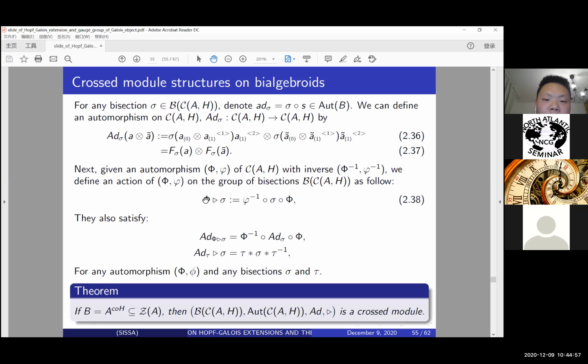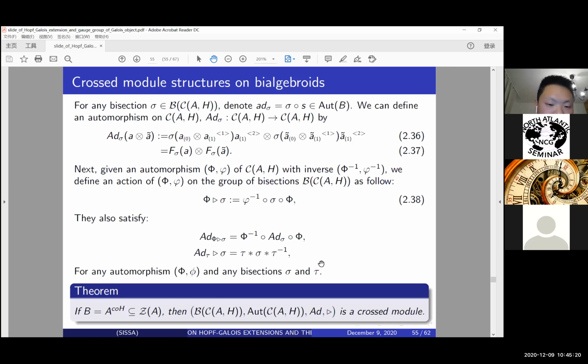And the action of the automorphism on the bisection is equal to the composition of phi, sigma, and the small phi inverse. So the Peiffer condition can also be checked to be satisfied in the sense of this and this.